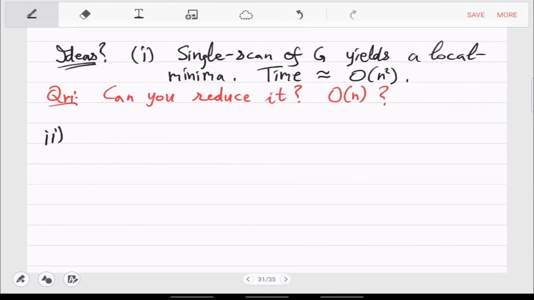Okay, so we will do it in multiple steps. As I said, it will be an algorithm which will have many ideas. The first idea is, since it's a local problem, you do local exploration, or iteration.